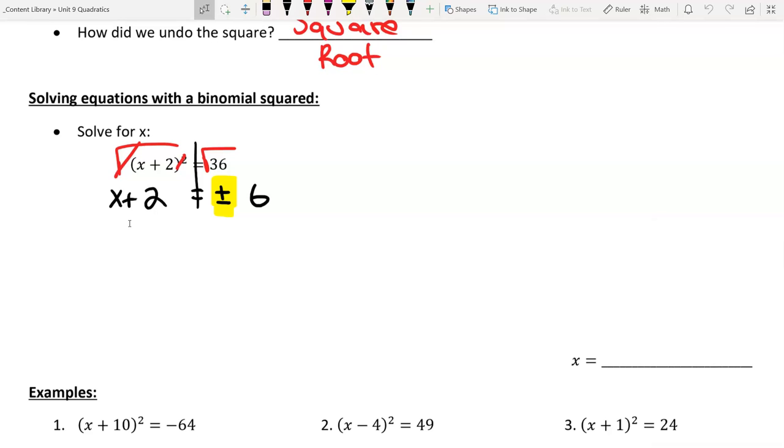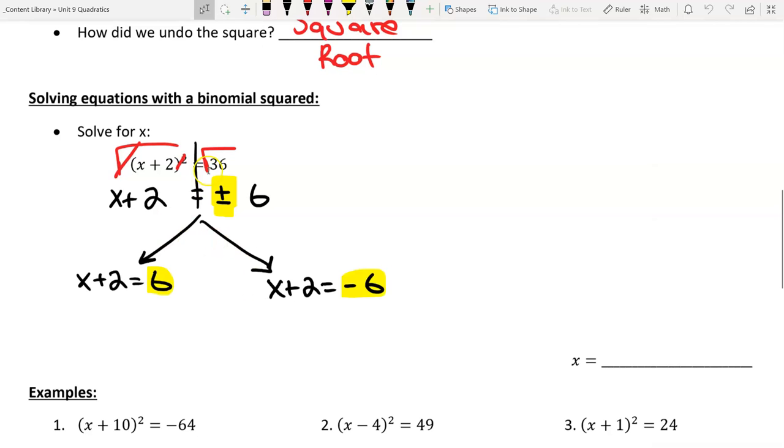At this point, you need to do two different little equations. One of them is x plus 2 equals positive 6, that's the plus 6. And the other one is x plus 2 equals negative 6. These two together form the plus or minus. So you have to do both. That's how we're going to get our two totally separate answers, okay?